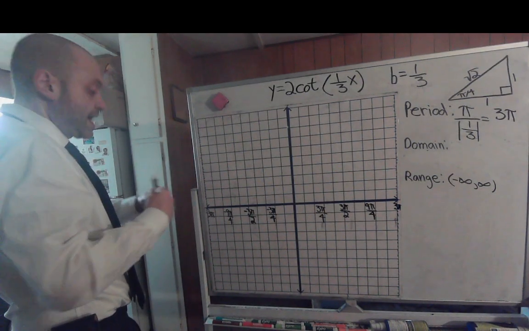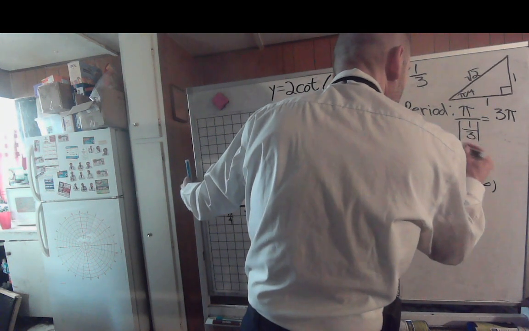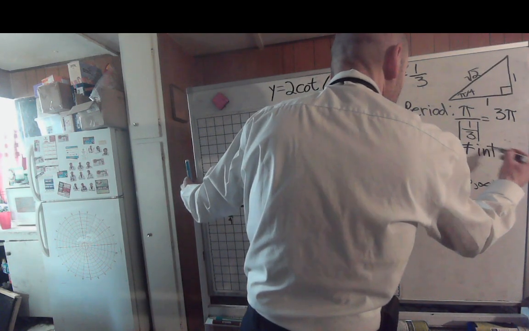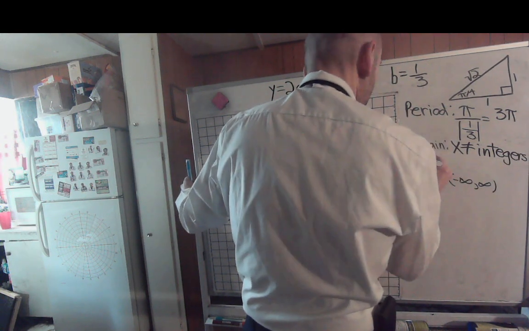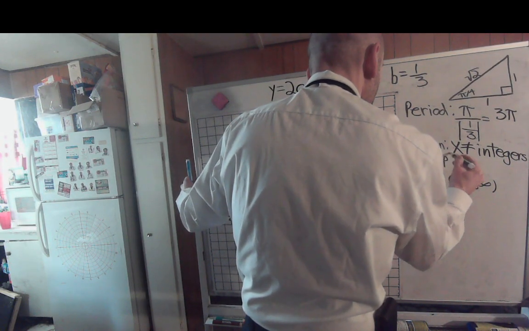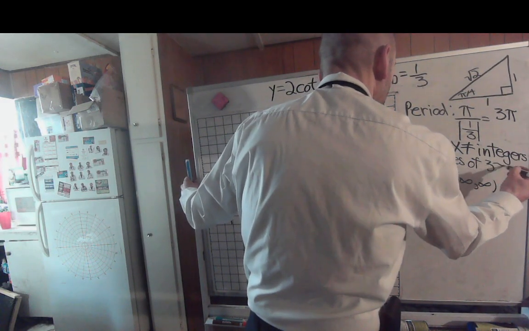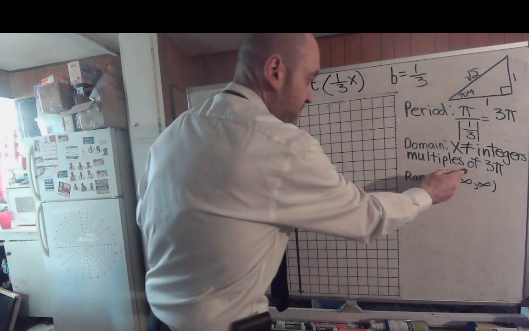Alright, we got our asymptotes, which means that the domain is all real numbers except x cannot equal integer multiples of 3 pi.